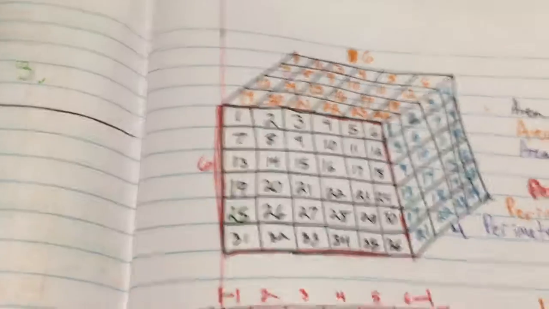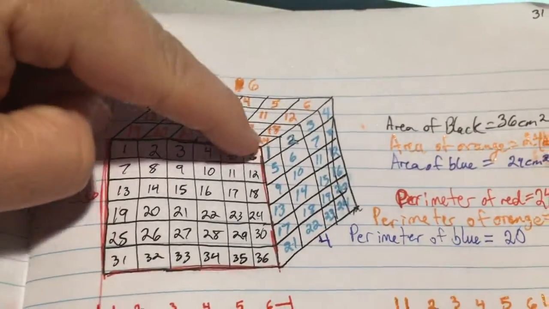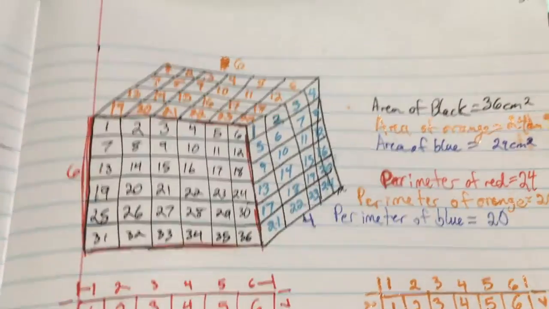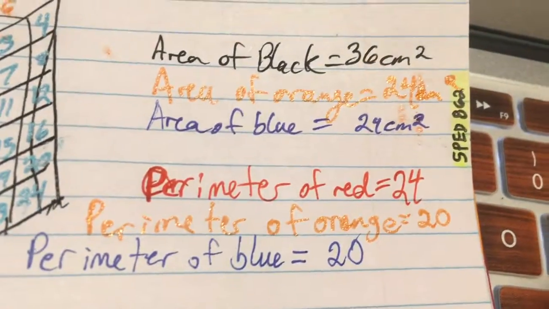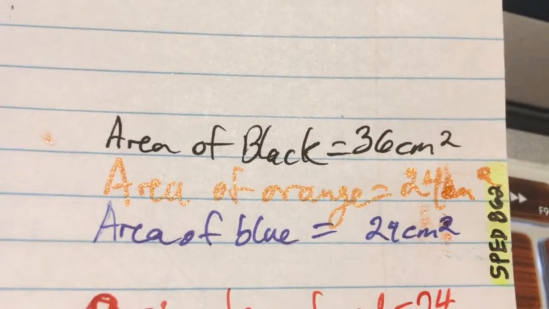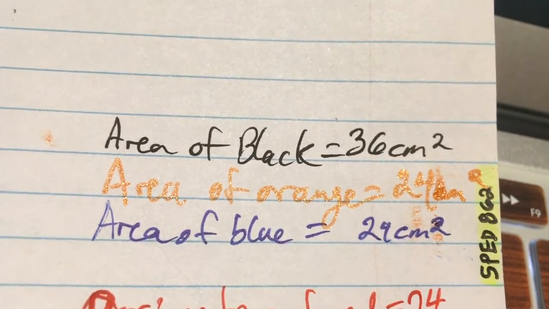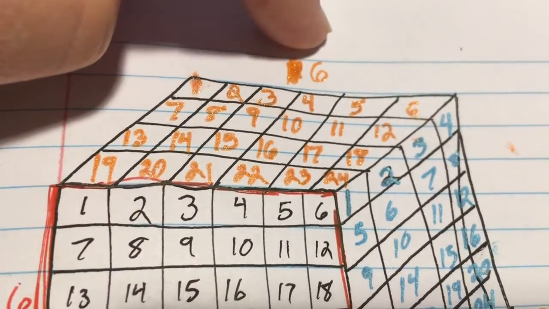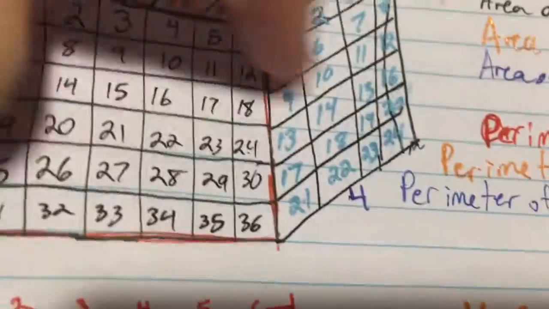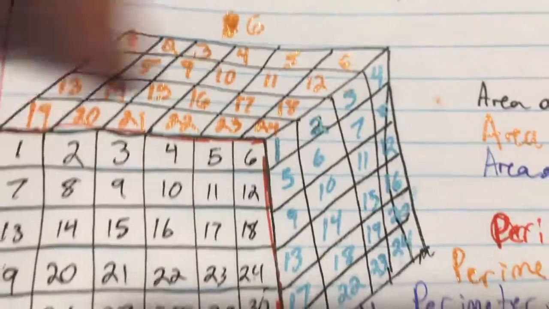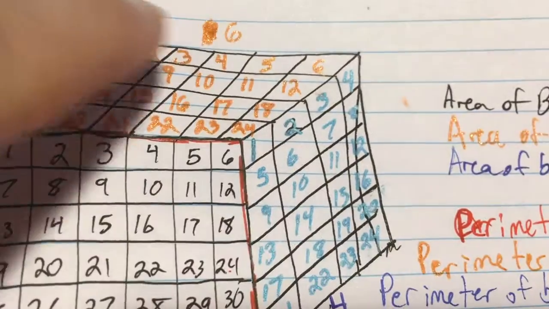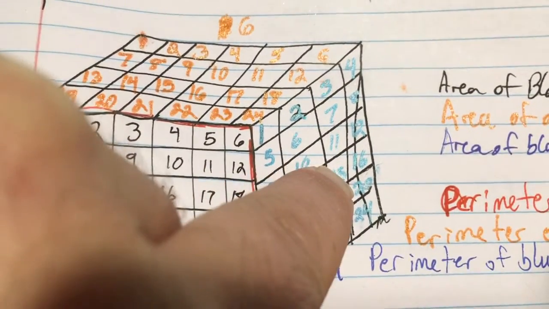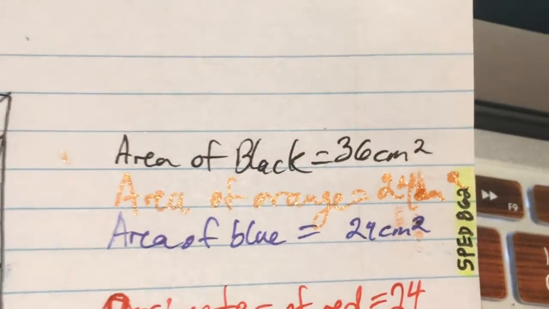You literally multiply 6 times 6, and then you can get the area of the block. Or else what you would get is if you multiply 6 times 4 on either the orange or the blue, you will get the area of 24.